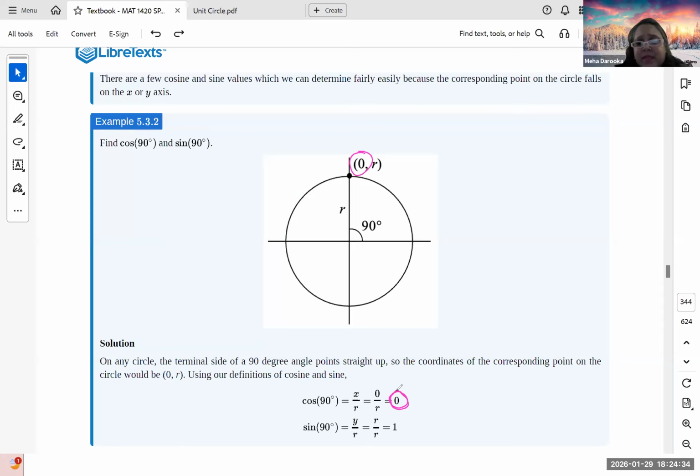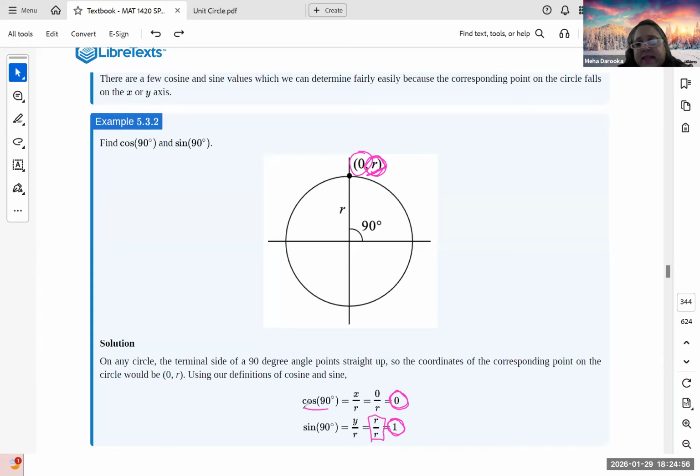For the sine of 90 degrees, you will of course do y over r, but in this case, since the y value is the same thing as the radius, you're basically doing r divided by r, right? So the same number divided into itself, which would obviously give you a sine of 90 degrees with a value of 1.